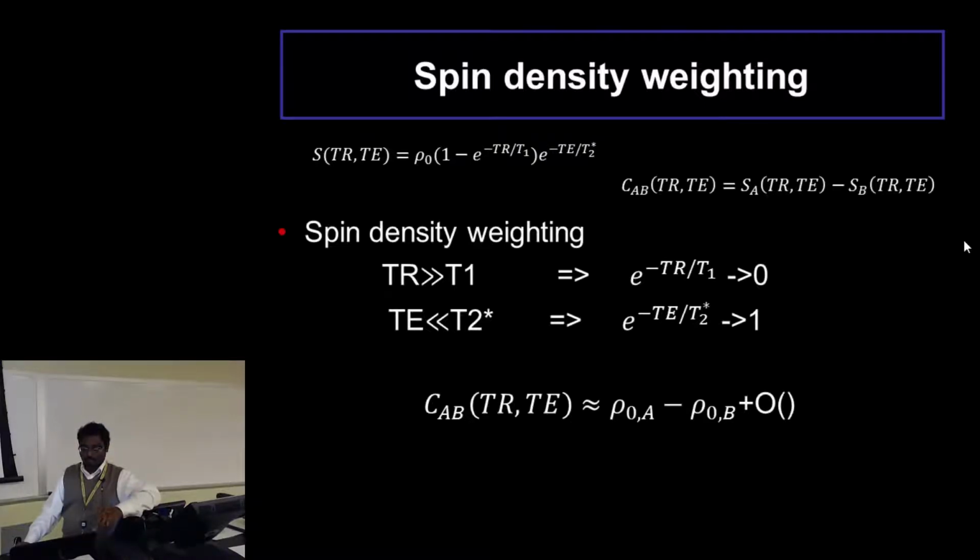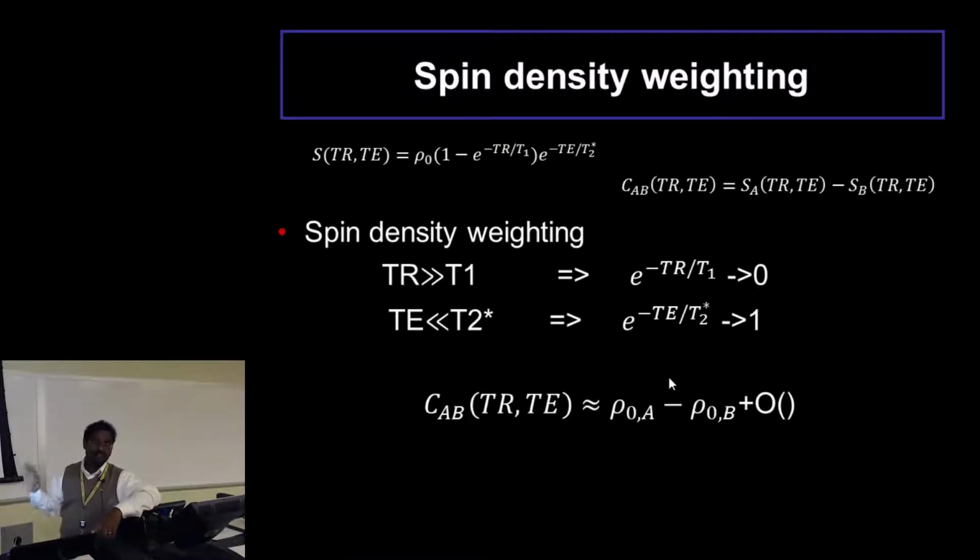So those are the conditions, and if you substitute those and do a Taylor series expansion of your expression, the exponential terms, you will see that this contrast expression turns out to be this plus some higher order terms, which under these conditions are negligible.